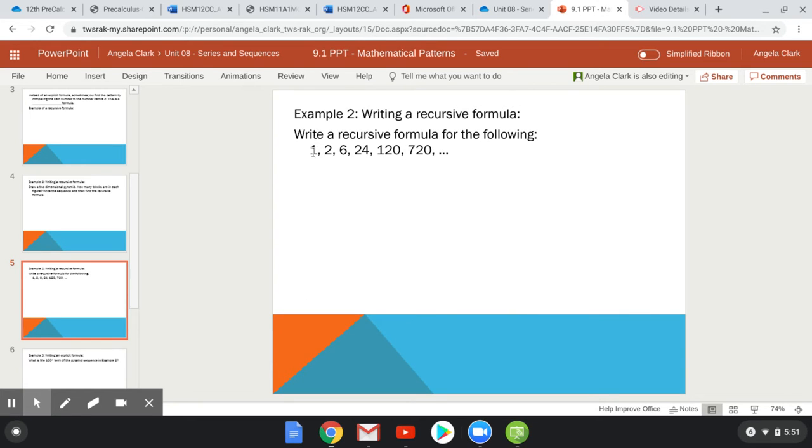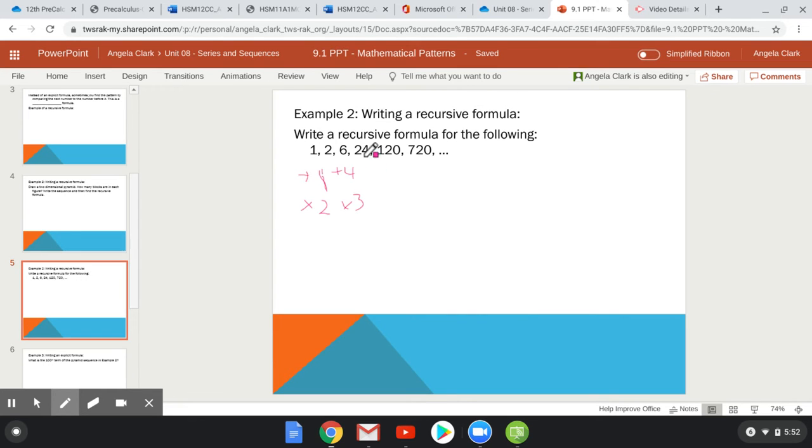So if I look at this, I can see that here I'm adding 1 or I'm multiplying by 2. Here I'm adding 4 or I'm multiplying by 3. So I'm just looking at patterns, what kind of patterns are going on here. So let's make notes so we don't get confused. So this would be adding 1, or times 2, to get from 2 to 6, we're either adding 4 or we're multiplying by 3.